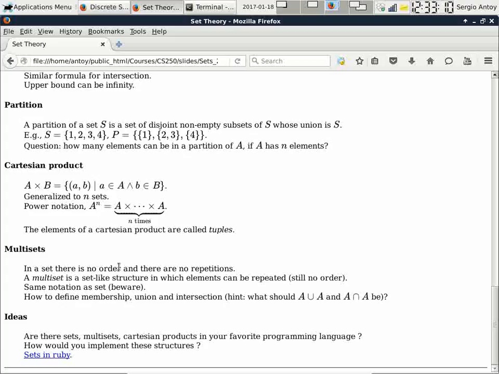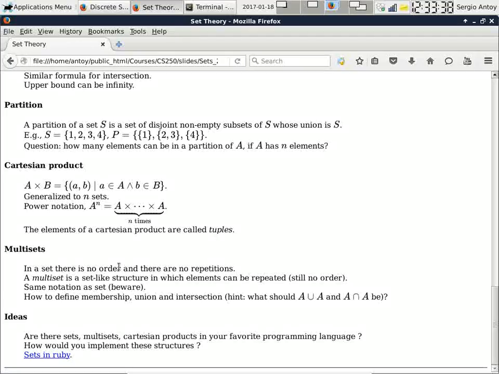It should tell you how many times that element is in the set. So if it is a 0, it means that the element is not in the set. And if it is 7, it means that in that multiset, there are 7 copies of this element. Very good. It makes sense.